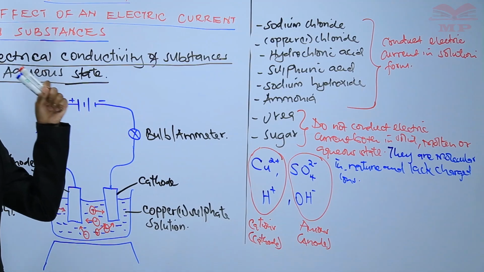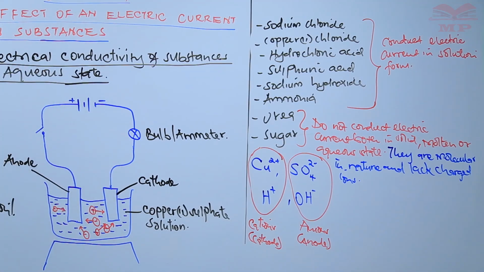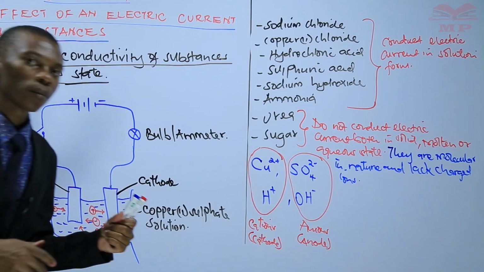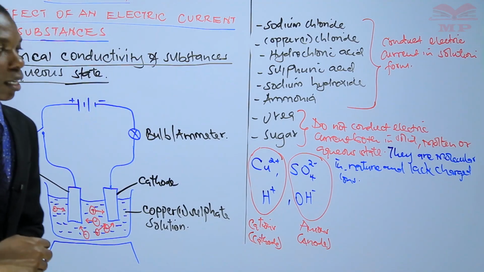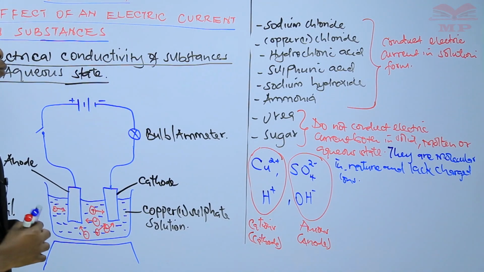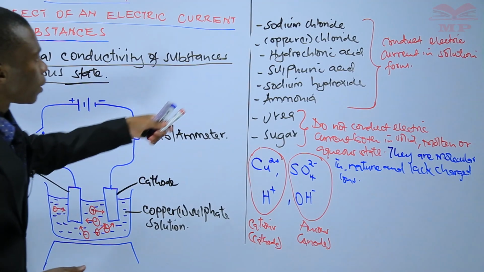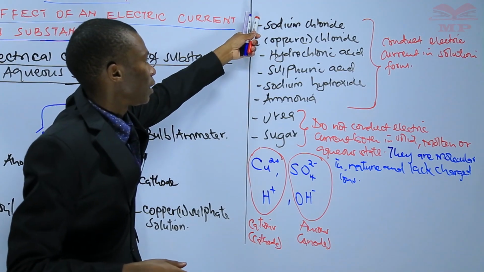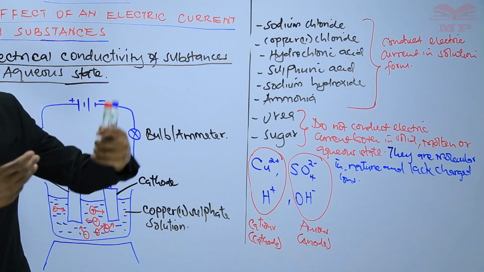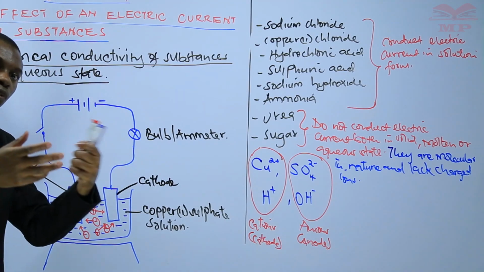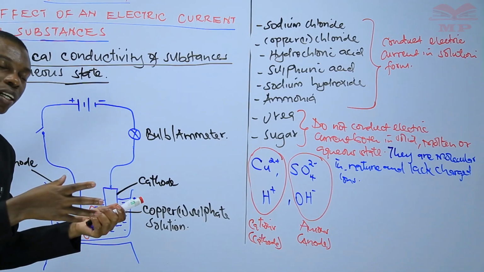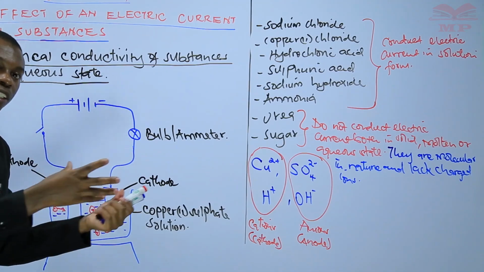And therefore, they are poor conductors of electricity, in solid form, in molten state, and in aqueous state. All the other substances will conduct electricity because when you add water to them, water ionizes these substances, leading to the formation of charged particles.